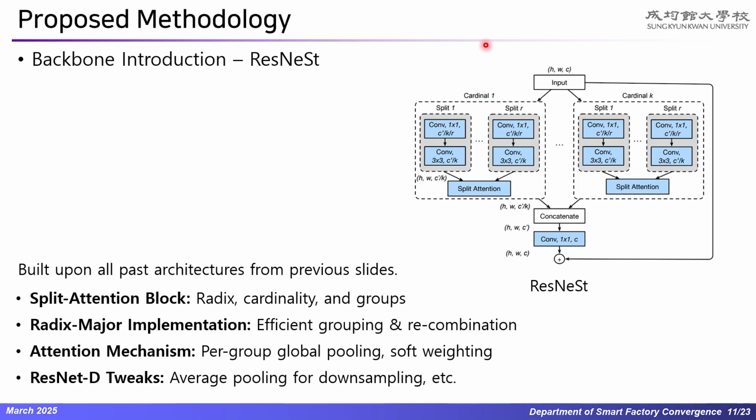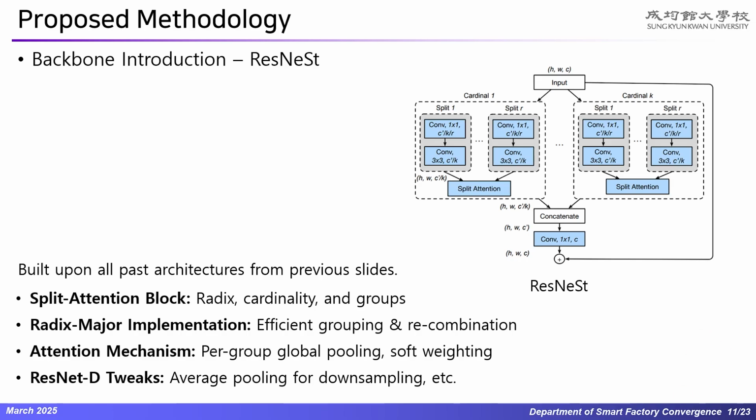For example, here we have two cardinal groups, 1, 2, in the ResNest block. And then for each cardinal group, we have two radixes. So 1, 2, 1, 2. So then we will have 4 sub-branches, 1, 2, 3, 4, in a single ResNest block. Each subgroup works on a distinct portion of the feature channel, which is then merged at the end with an attention mechanism.